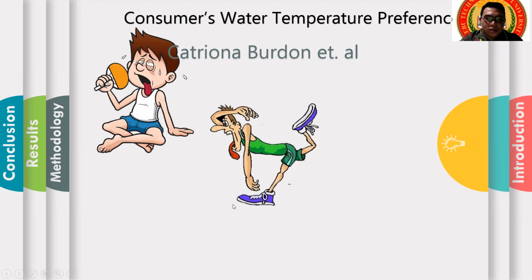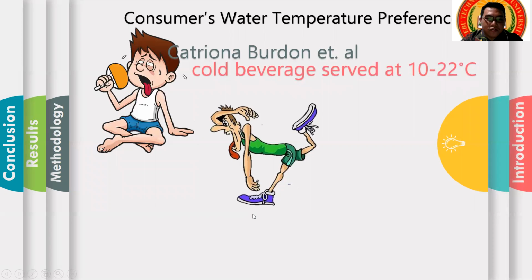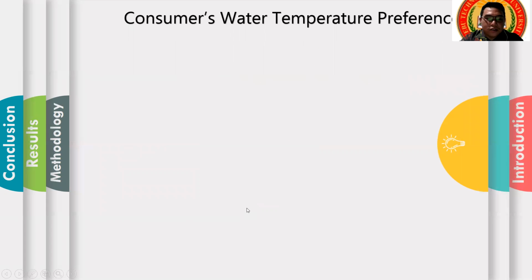So their study showed that colder beverages, whose temperature ranges from 0 to 22 degrees Celsius, tend to be more palatable and thirst quenching compared to warm beverages, whose temperature ranges from 22 to 46 degrees. Furthermore, cold beverage served at 10 to 20 degrees Celsius appears to be the preferred temperature range for fluid replacement during exercise in temperate to warm environments.